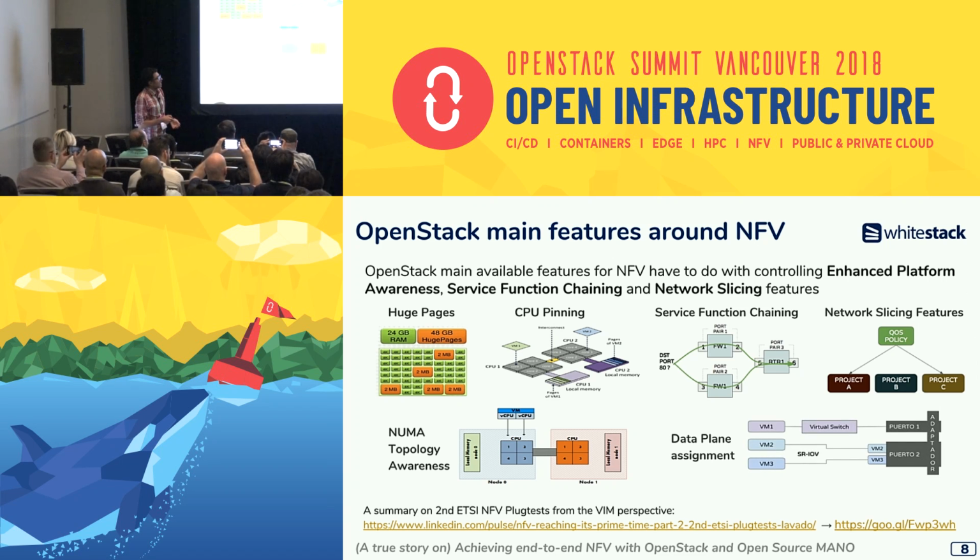And also, it can control the data plane assignment. So some VNFs using SR-IOV, some VNFs using DPDK or OVS. So in general, we feel comfortable, and I think you too, with OpenStack for NFV deployments.